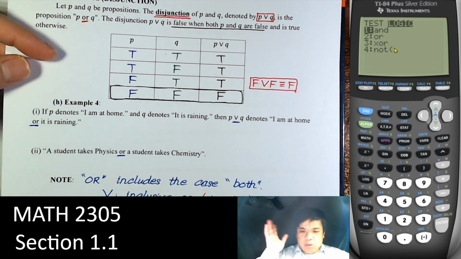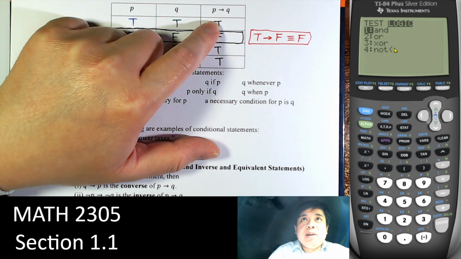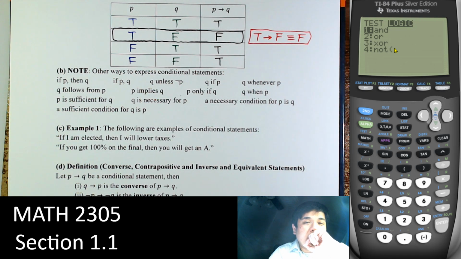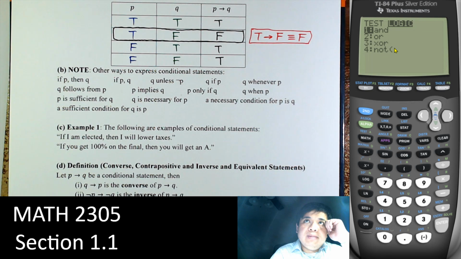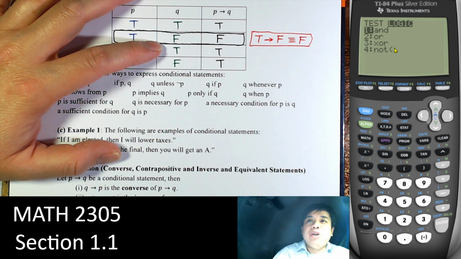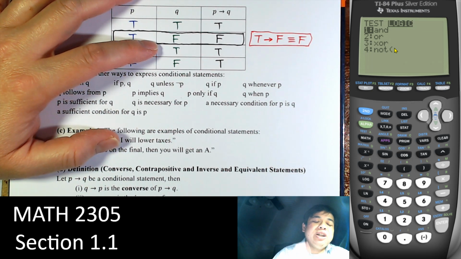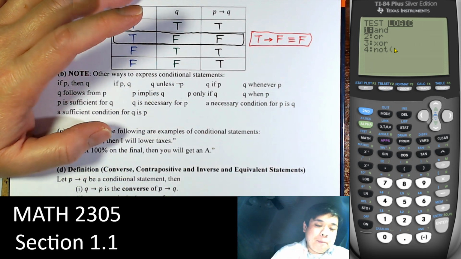So that's good. We can verify that easily. However, what we don't have is this. So what do we do if we want to construct a truth table for this? Well, if you want to do that in the calculator, go to the next section, section 1.3, we'll talk about that. But for now, just do this by hand.